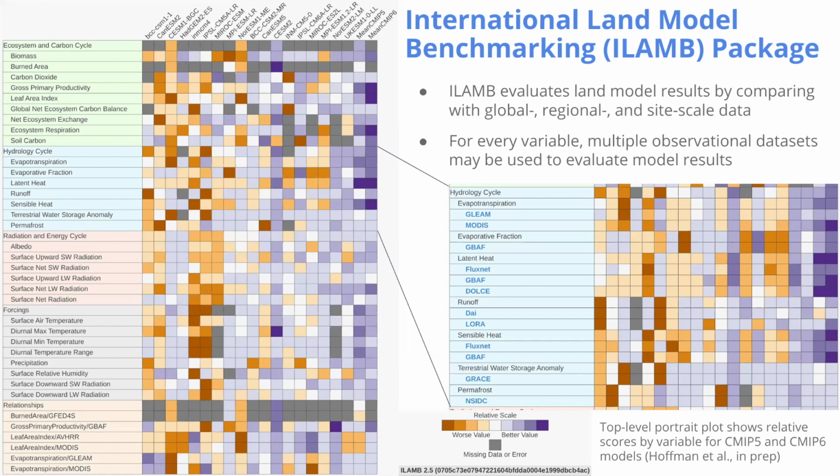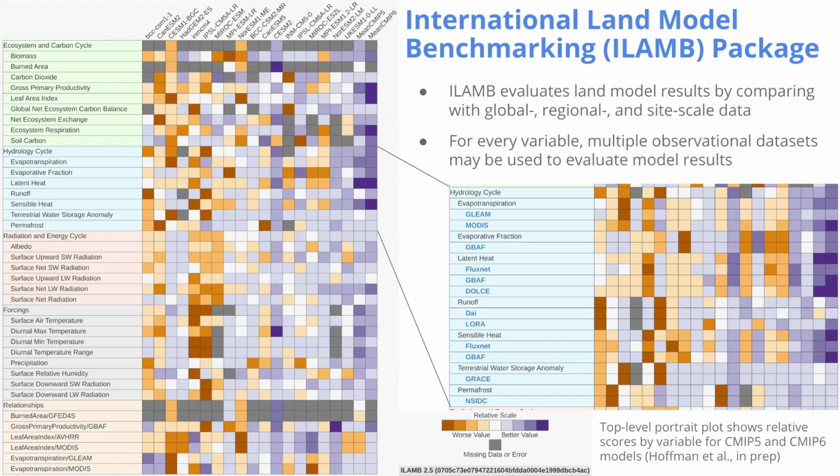This evaluation allows us to see the relative performance of models in comparison with a variety of observational data sets. For every one of the variables on the left-hand side, for the hydrological cycle, for instance, you can click on them and open up additional lists. Every one of these lines that appears with blue text represents a different data set, a different way that we can evaluate that variable.